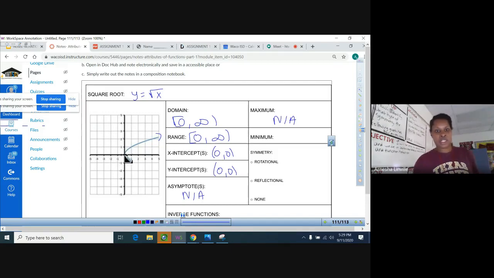This graph is not going to go below 0, so your minimum is going to be (0, 0), or y equals 0. When you look at this graph, the y-axis is not a mirror. There's no reflection, and there isn't any rotational symmetry, so this doesn't have a symmetry.